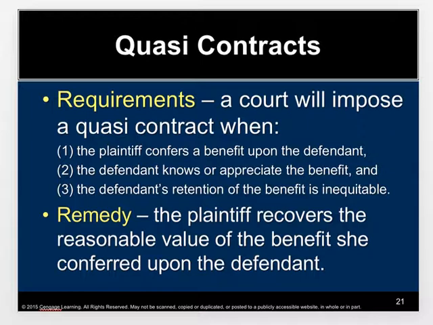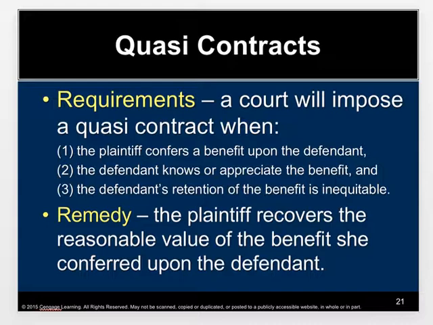you come over to my house, you start painting my house, I watch you paint my house, and when you're done, you say, hey, it's $5,000. And I say, wait a second, we don't have a contract. I never agreed to you painting my house. But you watched me paint your house.